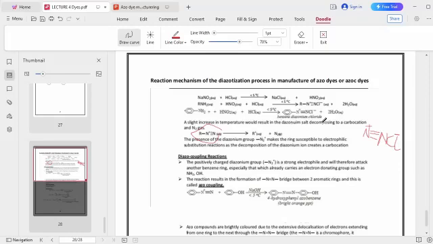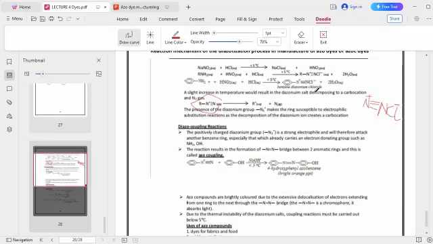And how do you form a diazonium salt? You react a primary aromatic amine like this one with nitrous acid in acidic environment and at temperatures less than 5 degrees Celsius. You form this diazonium salt.